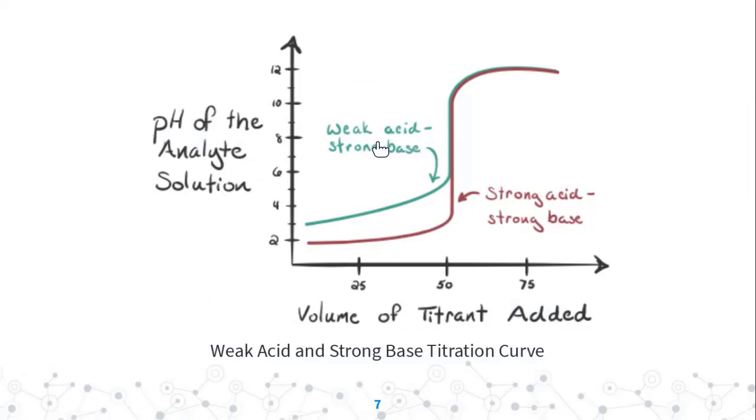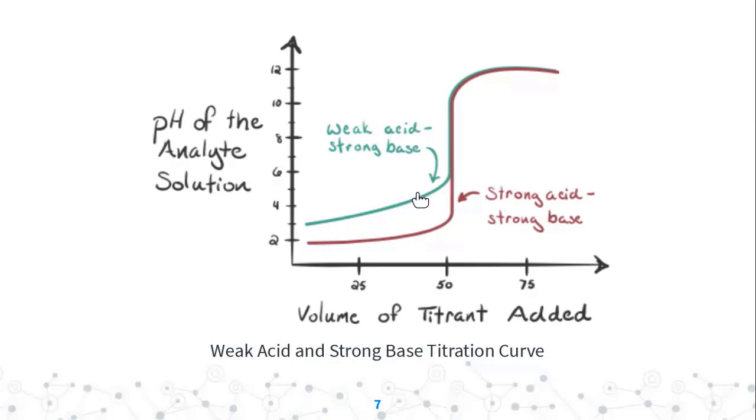All right, here is a comparison of the 2 titration curves. The red one is what we were just talking about: strong acid, strong base. You have a steep slope right here. There's a little bit of change, and then whoop, a big jump, and then it plateaus out. Over here we have the green line, weak acid, strong base.